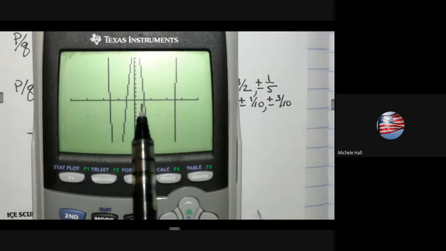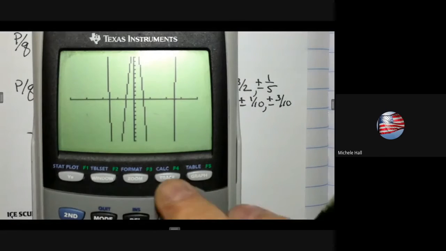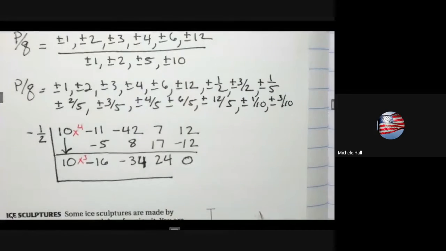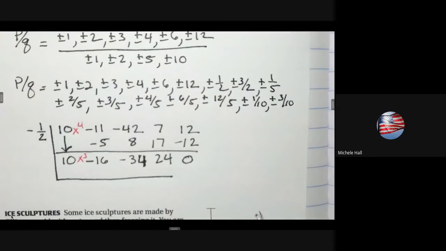I'm not sure if that's really at the halfway mark. Let's trace and see if we can glean any information this way. So it's 0.59, about 0.6. So which fraction is more like 0.6? Not really a half.